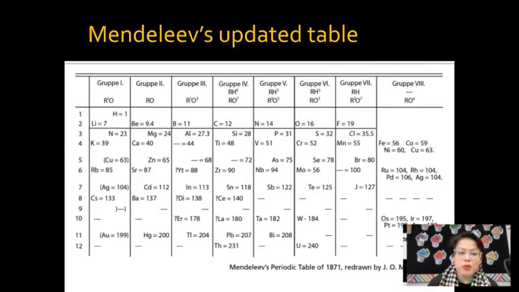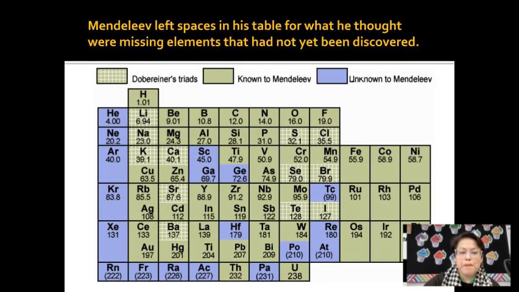Now what they found was that when you order the elements by increasing atomic weights, eventually they would have repetitions of properties, similar to what Newlands had discovered first. The difference between them is that Mendeleev left spaces for elements that he thought had not been discovered yet, and he even proposed characteristics for those unknown elements.